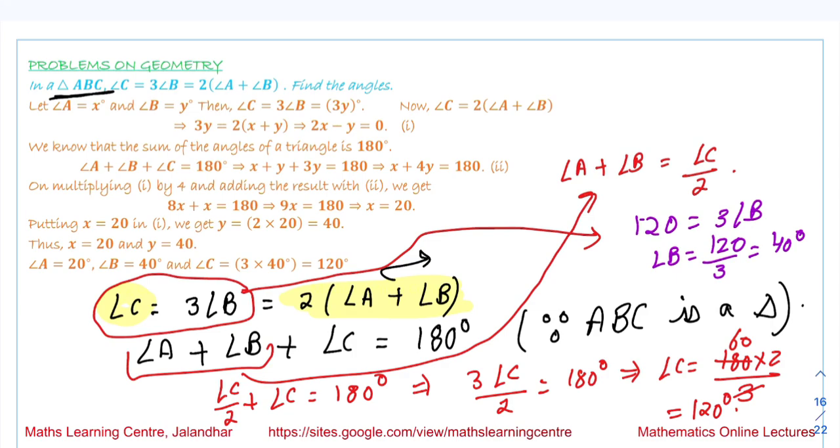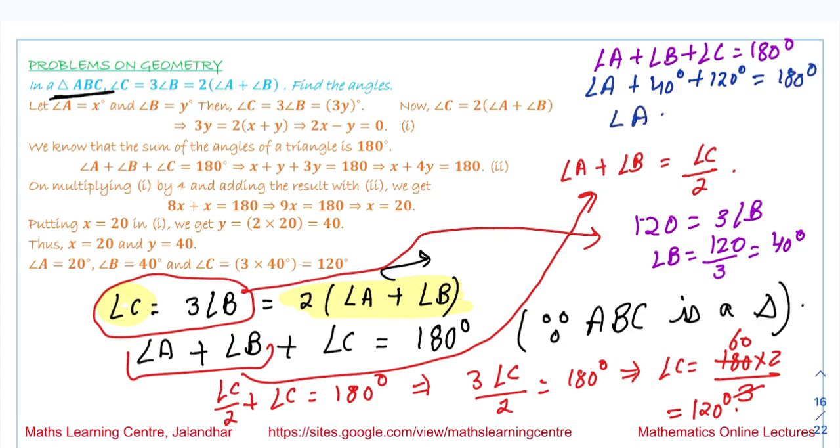Now we have angle A plus angle B plus angle C equal to 180 degrees. It means angle A plus 40 degrees plus angle C, which we have calculated as 120 degrees, is equal to 180 degrees.